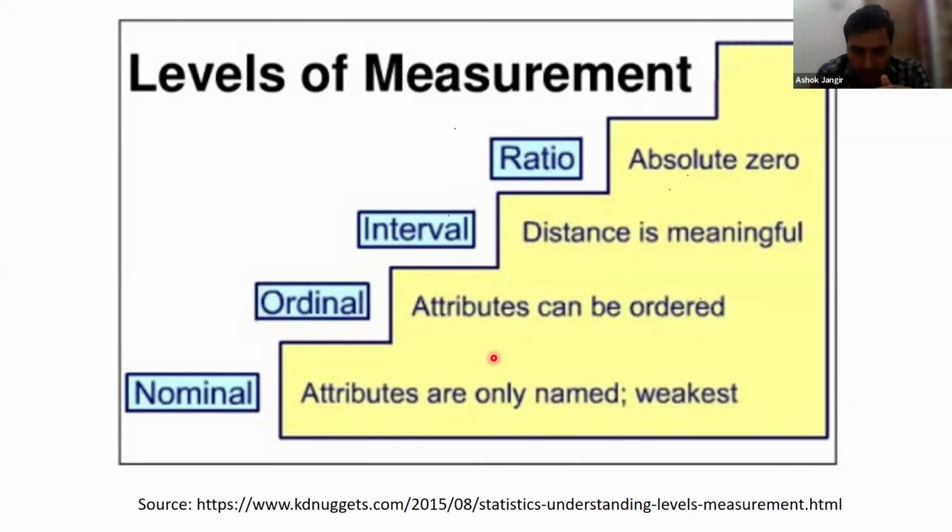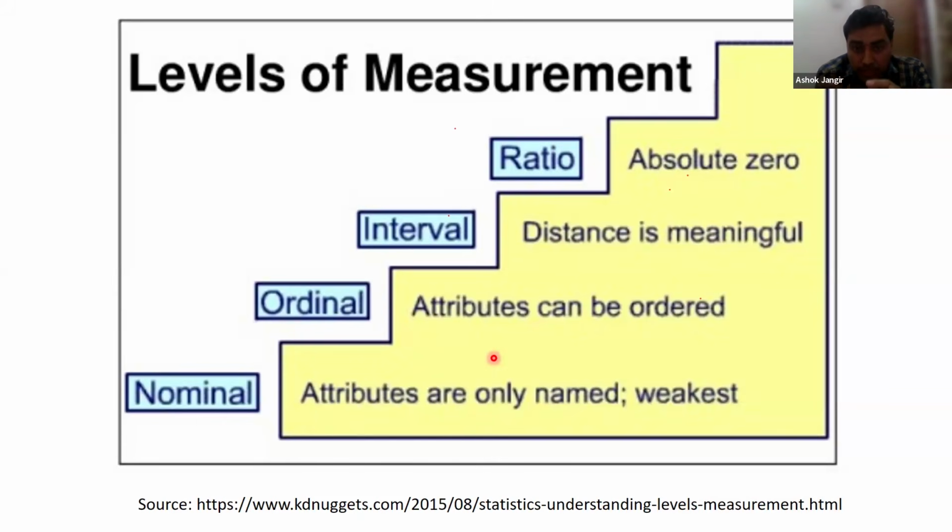Distance is meaningful. Okay, there is no problem. Please remember this. Only a few variables come into the interval category, level of measurement. For example, temperature in degree centigrade and temperature in Fahrenheit.